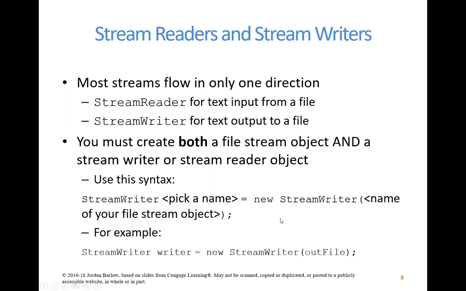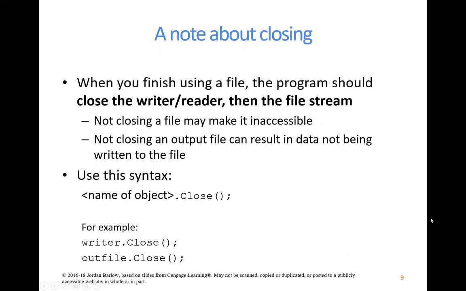So in the previous example, we had named our FileStream object outFile. So here in this line of code, we create the StreamWriter object and use the FileStream as our input in the parentheses.